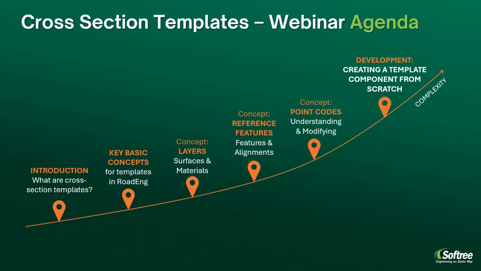So potentially, if you are a newer user to the software, or if you don't really need to go there, we certainly encourage you not to go to this far deep place that we're going to teach you today. There's a lot of opportunities to leverage cross-section templates, existing ones that you can just customize and refine before you get into the deep end of the swimming pool, metaphorically speaking, with the custom development, building a cross-section from scratch.